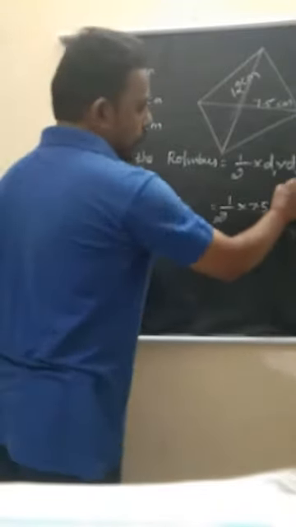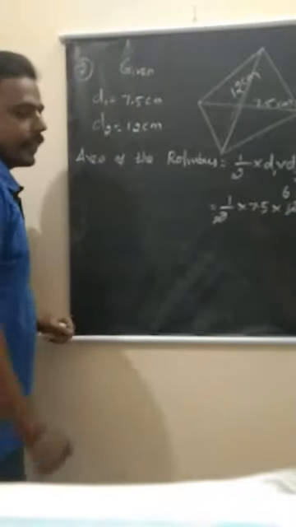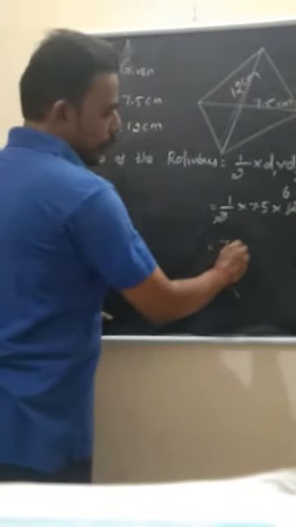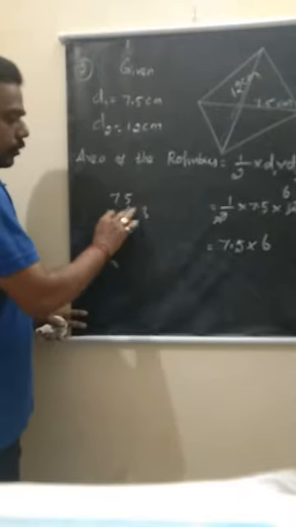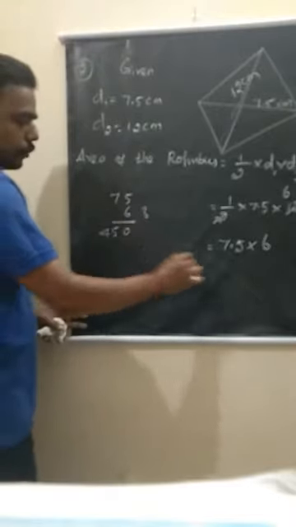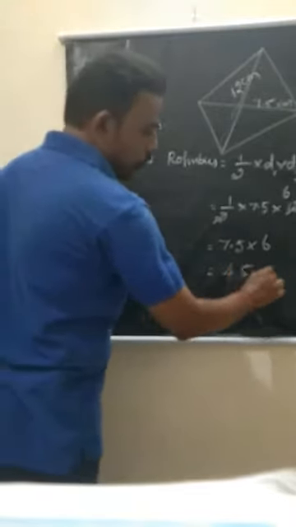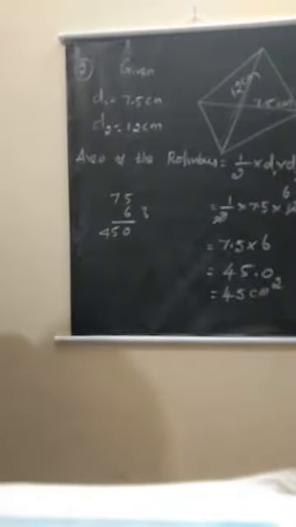After cancelling this, because 2 and 12 we can cancel easily. So 7.5 into 6. 45 0, 450. Here you have one decimal, put one decimal. So 45. Here unit is centimeter, so centimeter square. This is our area of the rhombus.